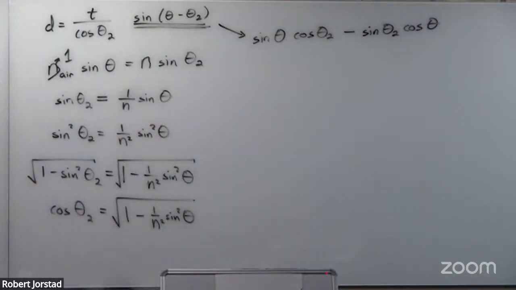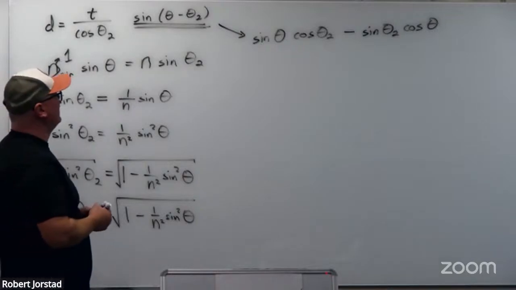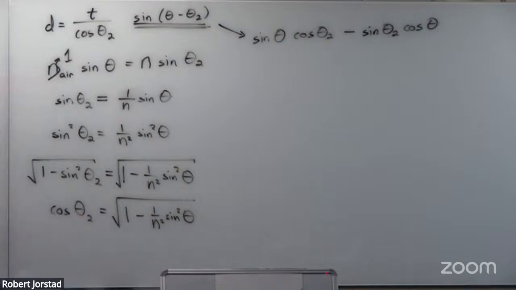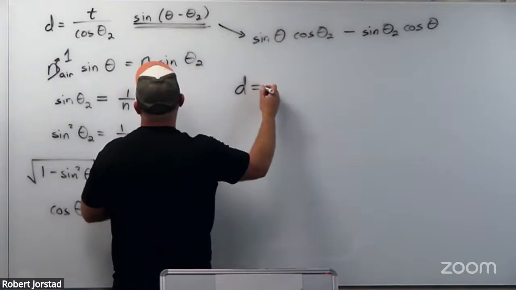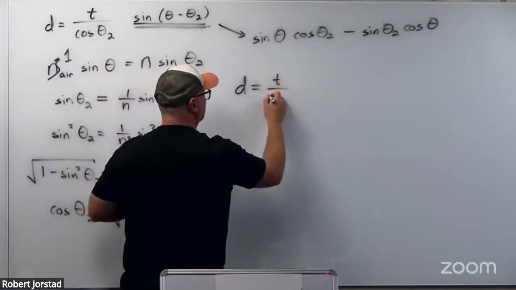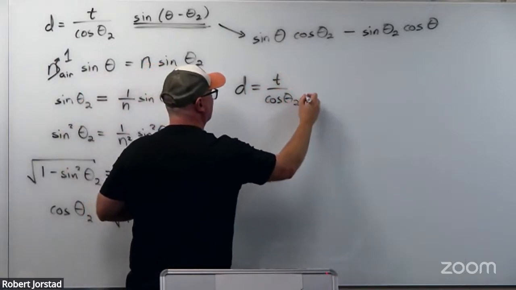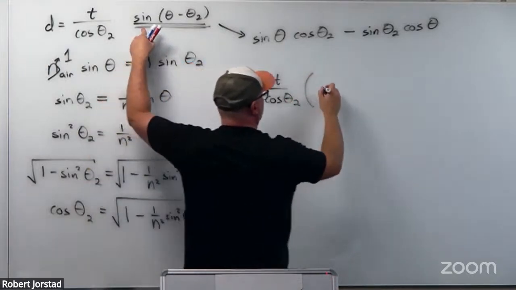Sine A minus B is sine A cosine B minus cosine A sine B. Yes, this is it. Okay, so if you plug all that stuff in, maybe I'll do 1 or 2 more lines here just to help you out. I'm plugging in the trig identity for this.